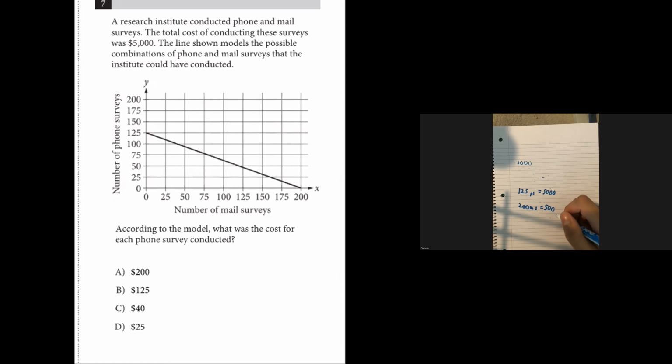And so given that, we're asked to find what is the cost for each phone survey conducted. So we don't need this, we just need this.